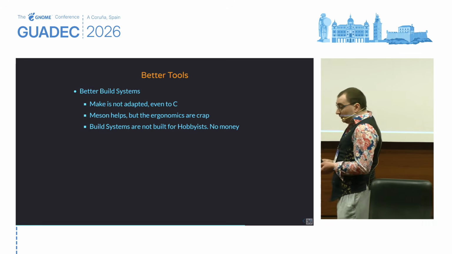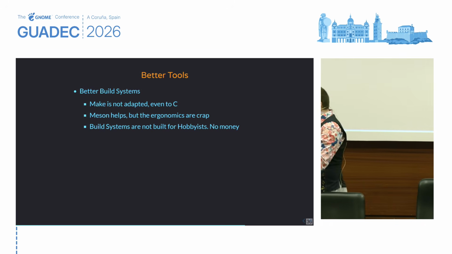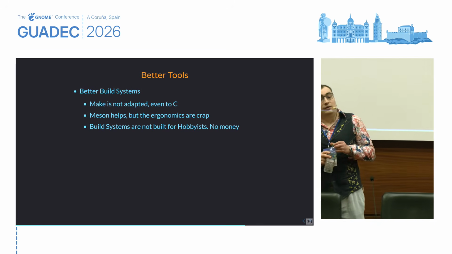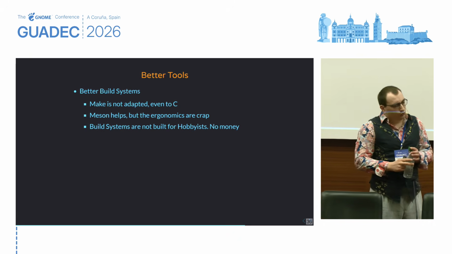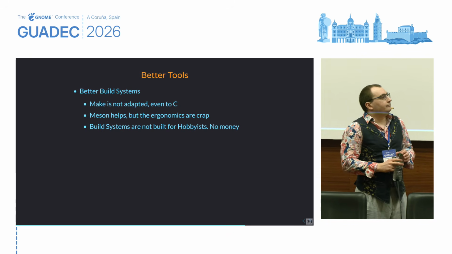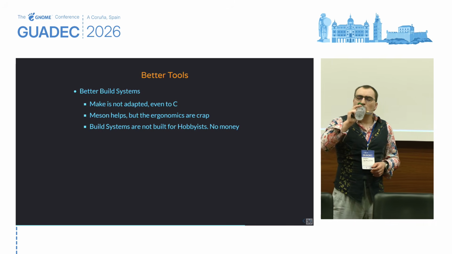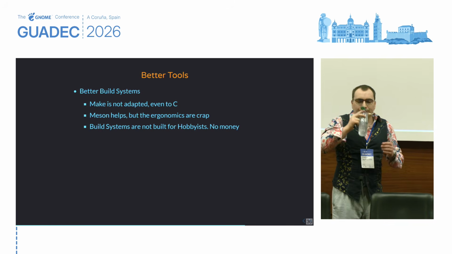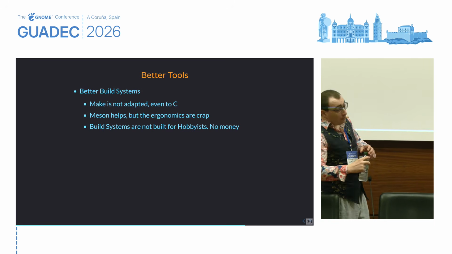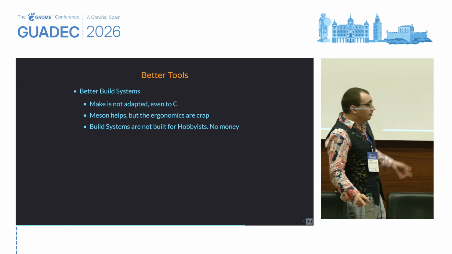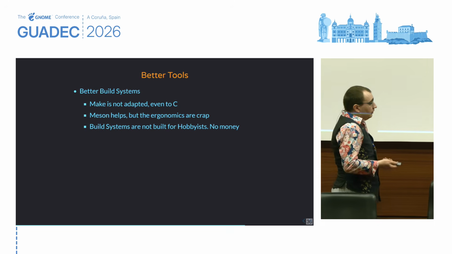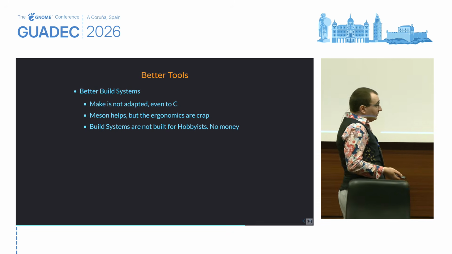If you have followed the build systems in the past few years, you may have seen Bazel, you may have seen Buck, you may have seen Buck 2, you may have seen Pants. I'm probably forgetting a couple others. These are not built for hobbyists. And that makes sense, because the people that pay to build them build them for their own needs, which are quite different.